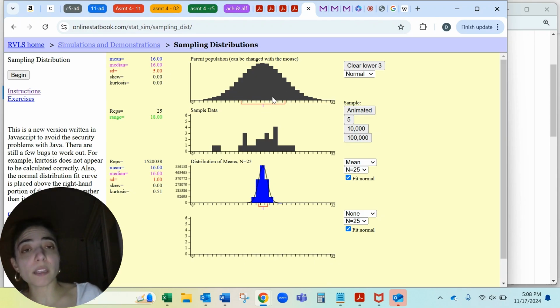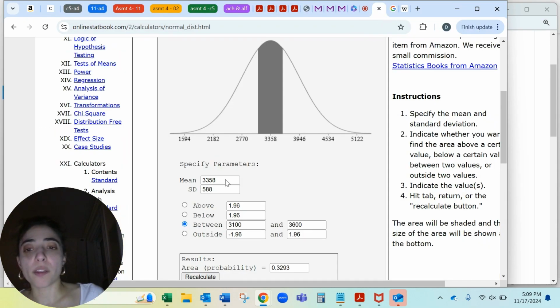So by the central limit theorem, the mean of this distribution is the same as the population mean, and therefore this mean will still stay the same.